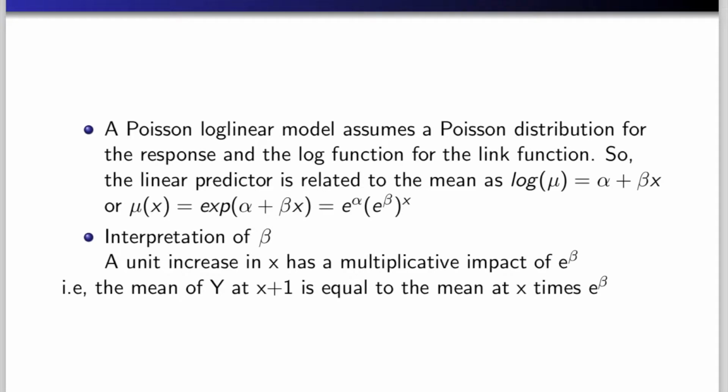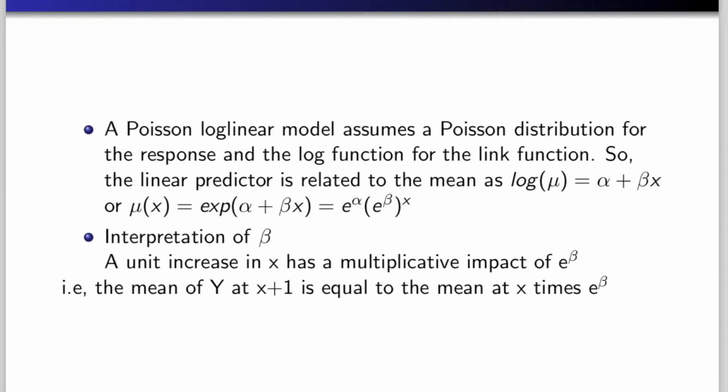So the Poisson distribution has a positive mean. GLMs for the Poisson mean can use the identity link, but it's more common to model the log of the mean, like the linear predictor alpha plus beta x. The log of the mean can take any real number value. A Poisson log linear model is a GLM that assumes a Poisson distribution for y and uses the log link function.